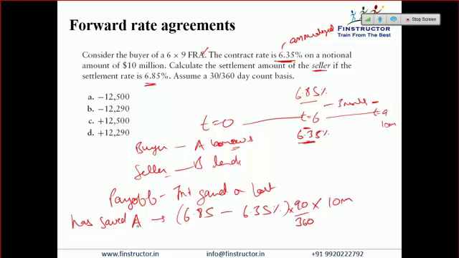Or in other words, you can say B has lost so much interest. Do we agree? Because otherwise he could have lent at 6.85. So the negative of the above is what B has lost.